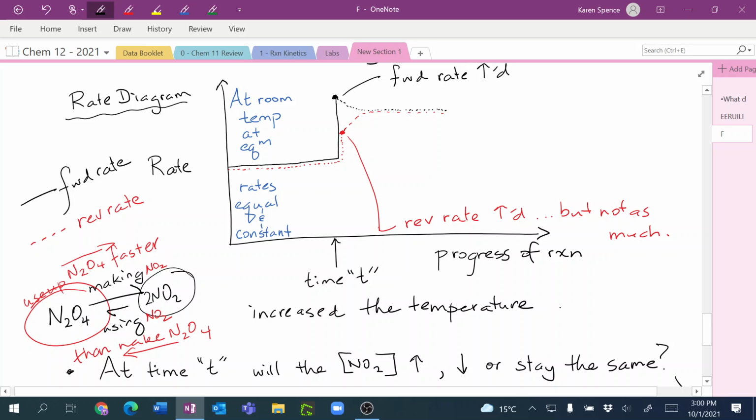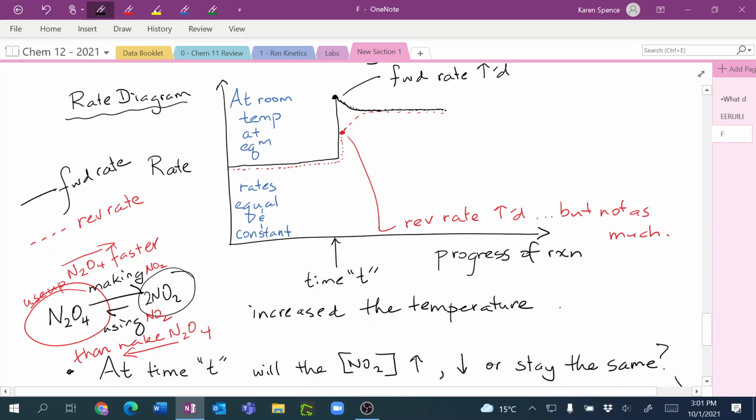And eventually, what's happening to the concentration of the brown gas and the colorless gas now? Is it changing? No, it's now at a new equilibrium, right? And we can see that because, why did I draw that one as a dashed line?